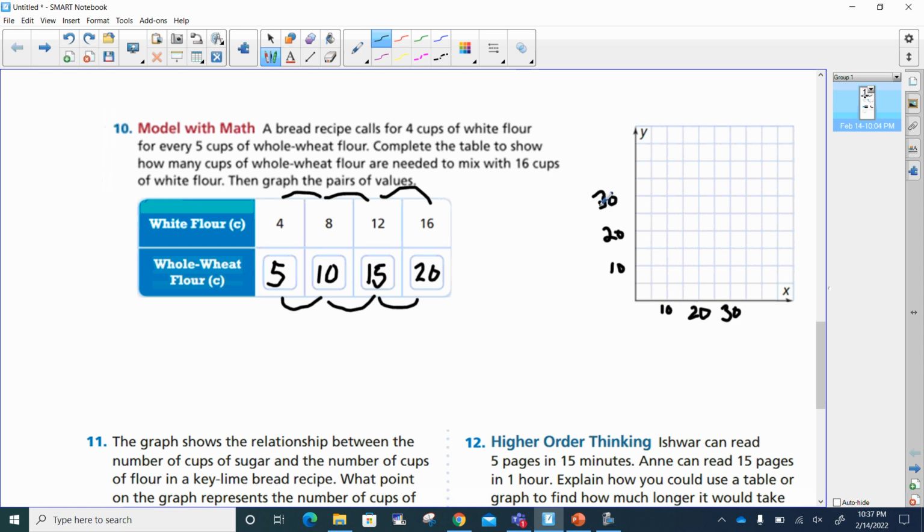All right. So when the flour is 4, and 4 would be a little less than 5, and this would be 5 right here. And when this is 8, this would be 10, so 8 would be about right here, 10 would be about right here then.